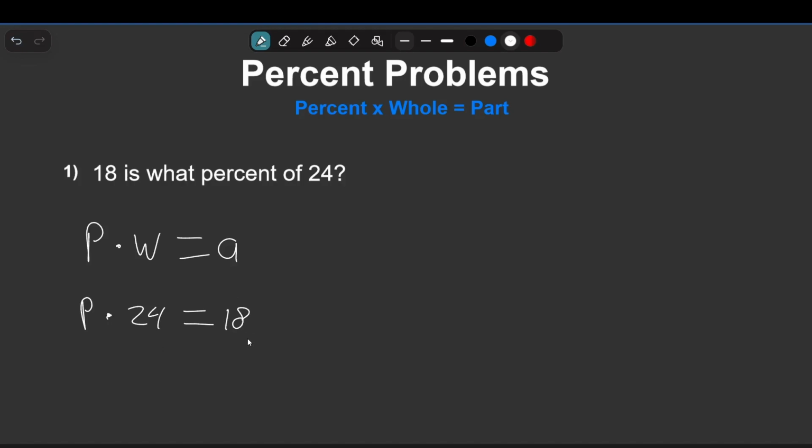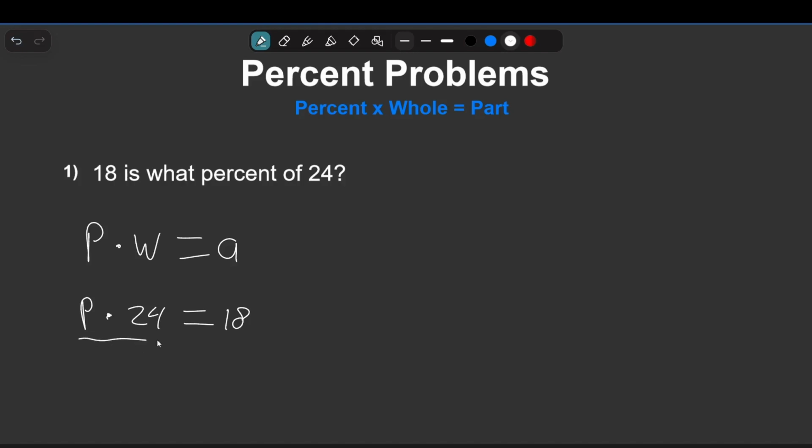Now, of course, always with equations, we want to isolate our variable. In this case, the variable isn't already isolated, so we have to do this ourselves. To isolate our variable, we're going to use the inverse operation. We are multiplying, so we have to divide.